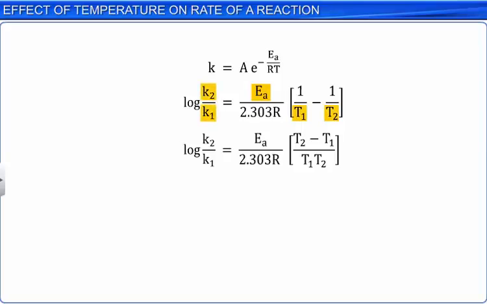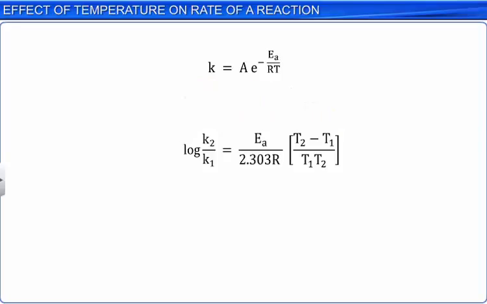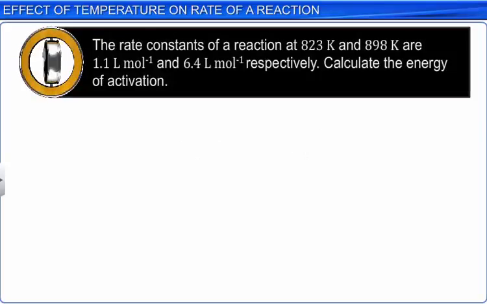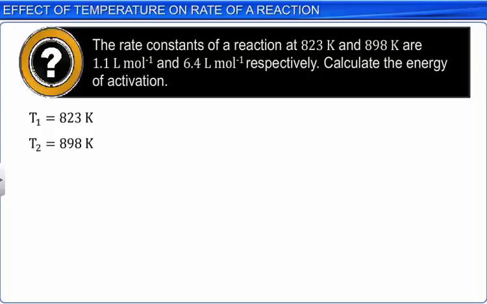Now let us solve a numerical problem. The rate constants of a reaction at 823 Kelvin and 898 Kelvin are 1.1 liters per mole and 6.4 liters per mole respectively. Calculate the energy of activation. The first step involves writing the given values of T1, T2, K1 and K2 respectively, and the value of R in joules per Kelvin per mole as shown.